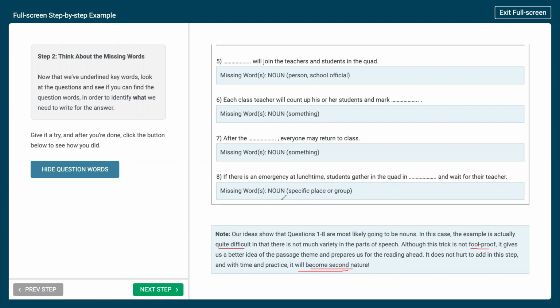The more you practice these question types separately and you understand the various tricks and tips, this step two, thinking about the missing words, will definitely become second nature and just help you prepare for the next step. All right, so without further ado, let's go ahead and get started with step three.